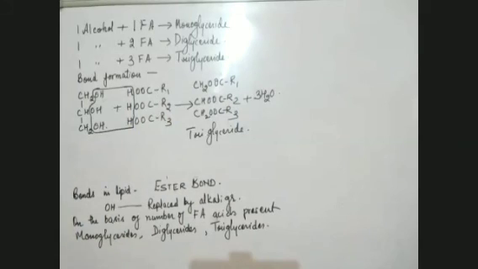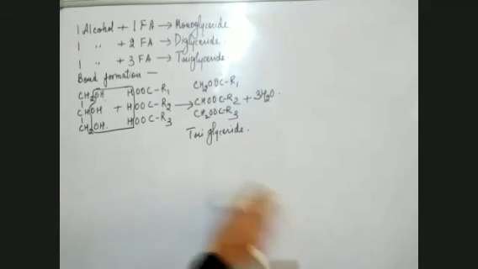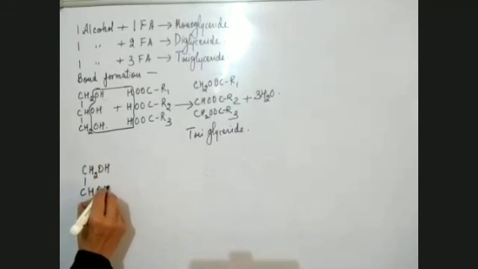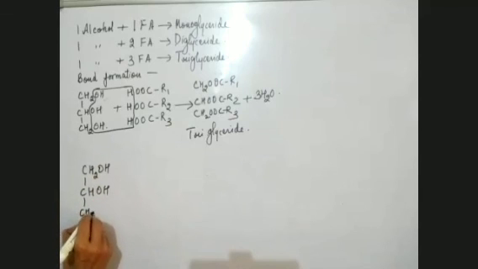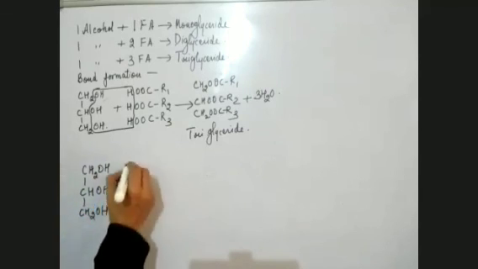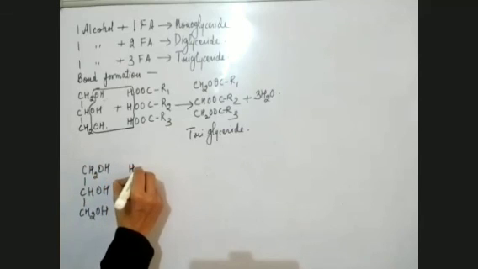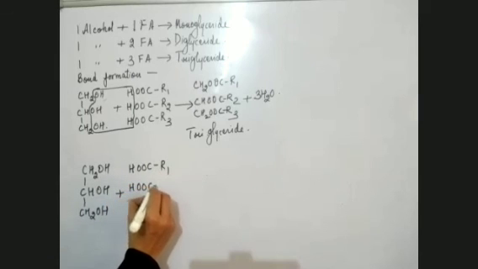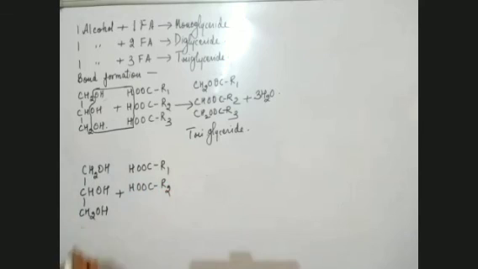Fine. The same thing you can show for when two fatty acids combine, how the diglycerides are formed. So the alcohol will remain one: CH2OH, CHOH, CH2OH. This is the alcohol which is combining with two fatty acids. So I'm writing HOOC R1, HOOC R2. Two fatty acids are combining, and when the combination takes place, we will get a diglyceride.